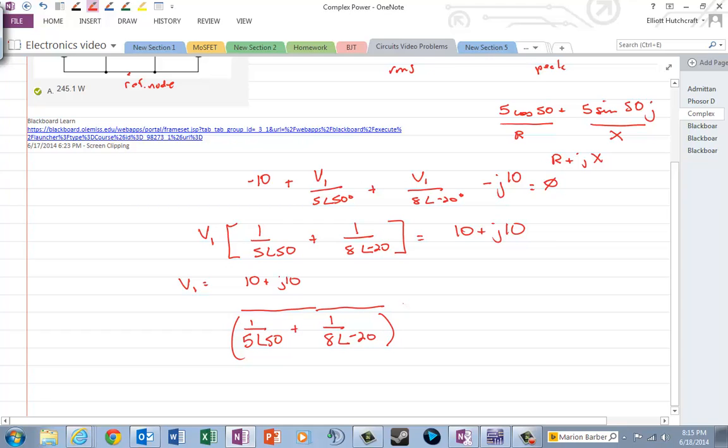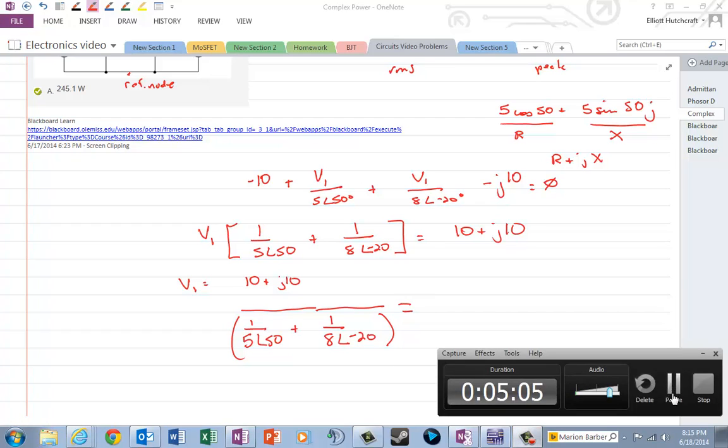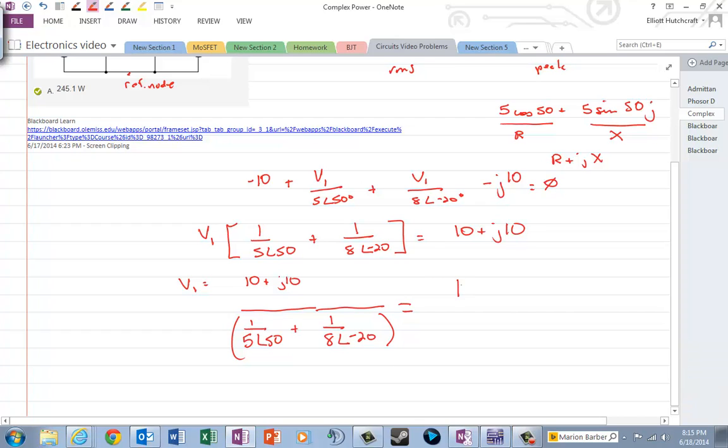Okay, so when I calculate this, let's see what we get. I'll keep my 10 plus J10 in the numerator, and in the denominator, I get that 1 over 5 angle 50 plus 1 over 8 angle minus 20 is 0.246 minus J 0.11.